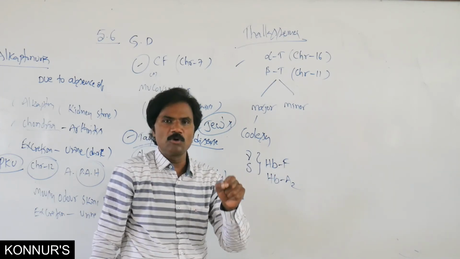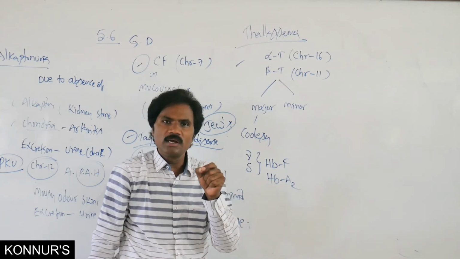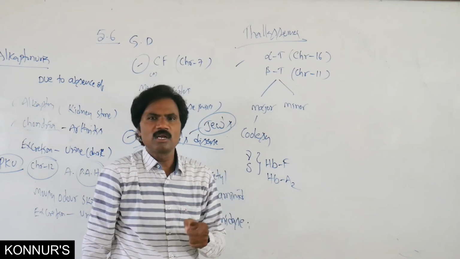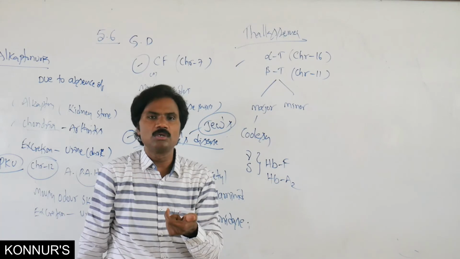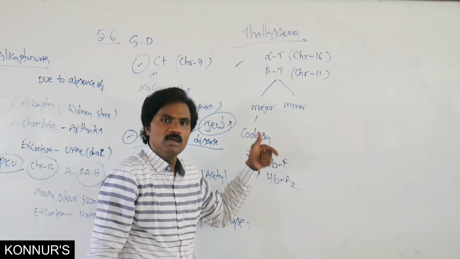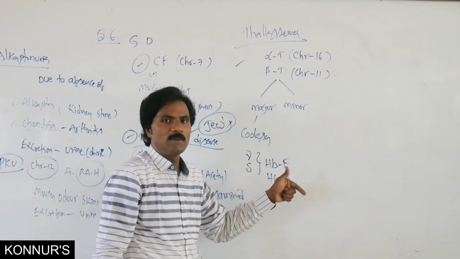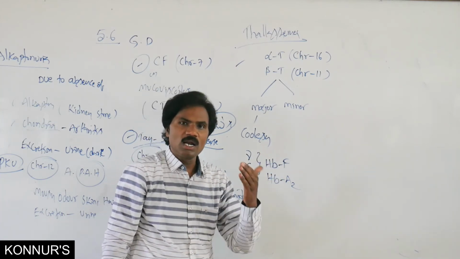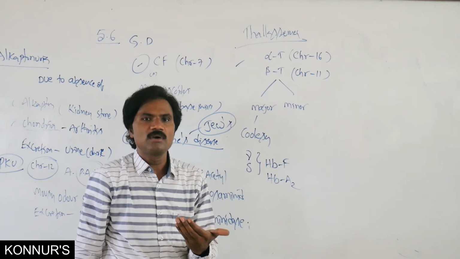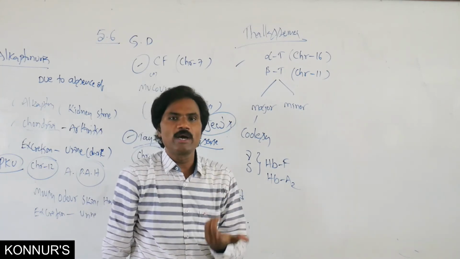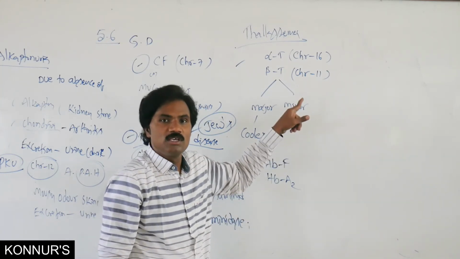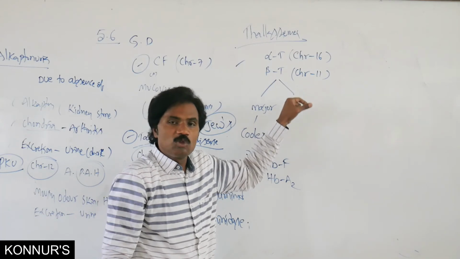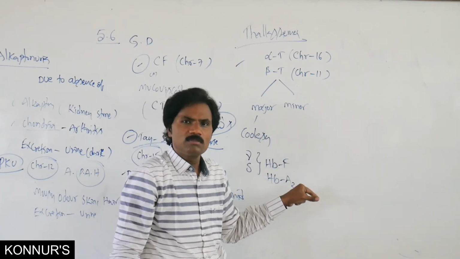Whenever the bone marrow is destroyed, reticulocytes are destroyed. That means immature RBC cells may not be formed in a proper manner, so there is improper maturation, improper development, improper erythropoiesis. But there is a remedy.